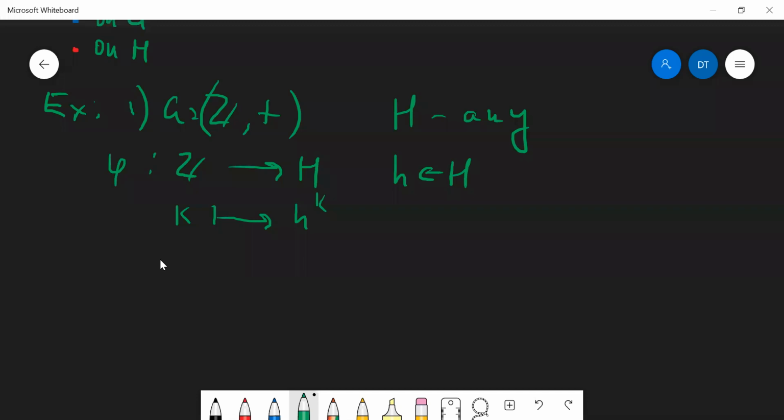And actually, any homomorphism from Z to an arbitrary group looks like that. In this case, h is equal to phi of 1. So h is the image of the generator of this cyclic group. That's example number 1.